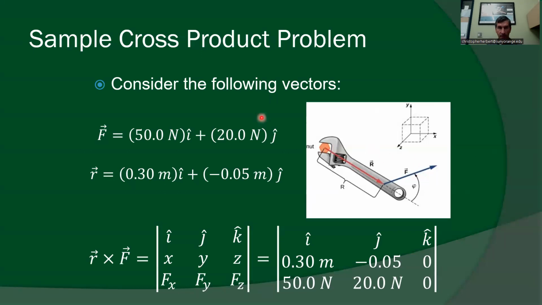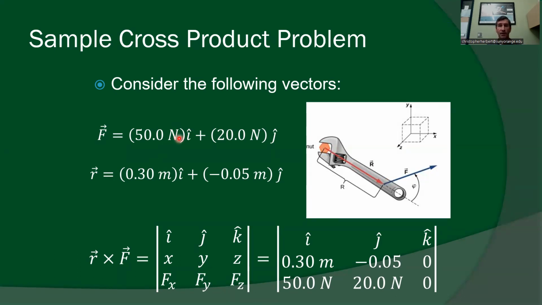This is my F right here: 50 newtons in the X direction, 20 newtons in the Y direction. So it's 50 newtons I hat, 20 newtons J hat. And I have R here, where R is moved off 0.3 meters in the X direction and negative 0.05 meters in the Y direction. So I'm going to take the cross product between this and this.